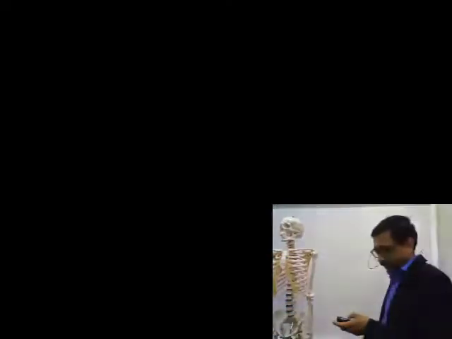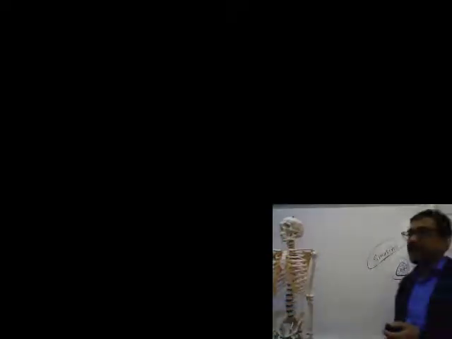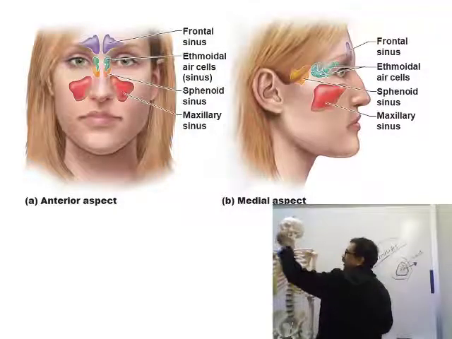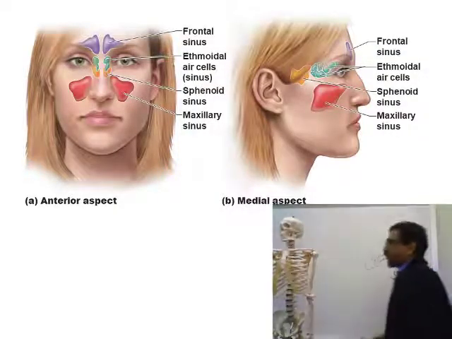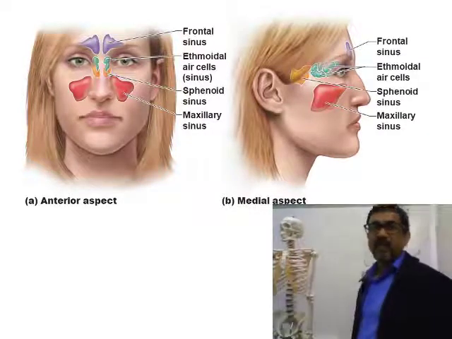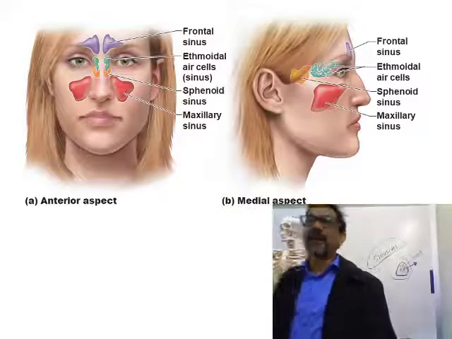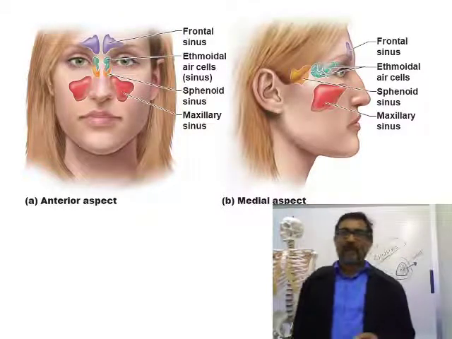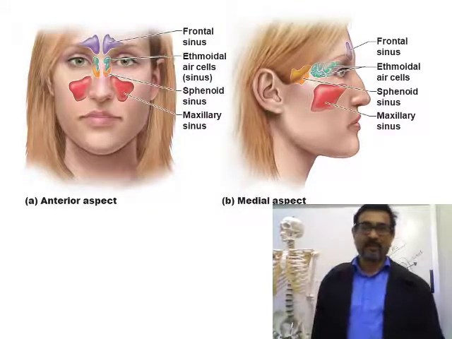Okay. Sinuses, I have already mentioned, are air-filled spaces. Some sinuses are called paranasal sinuses. Those are around the nose. The sinuses of the facial bones make the skull light because those are not solid bones.